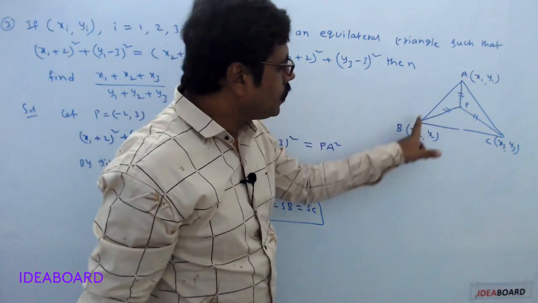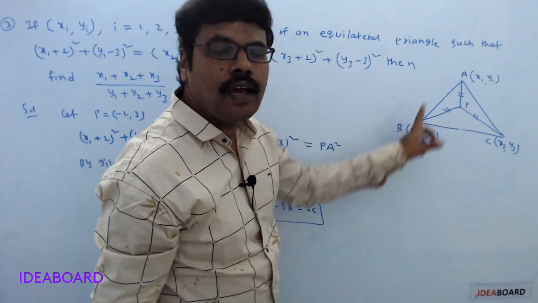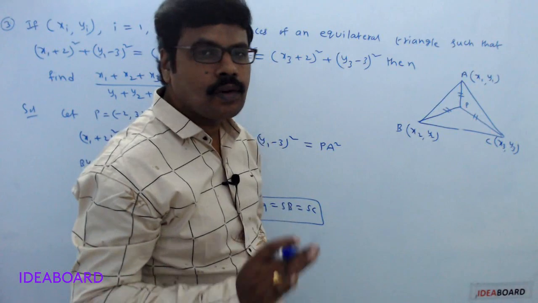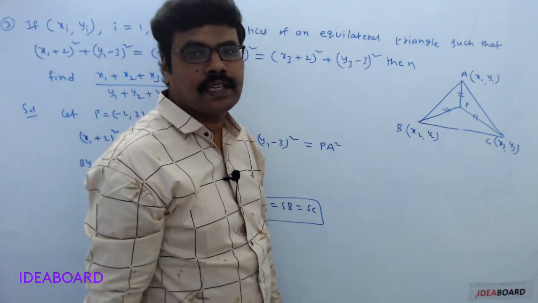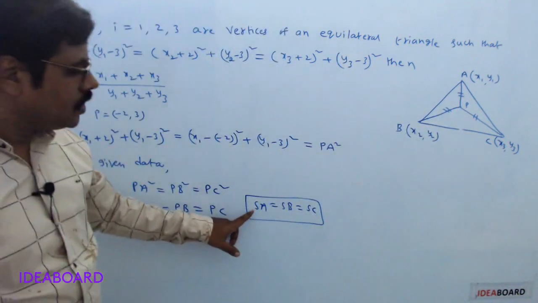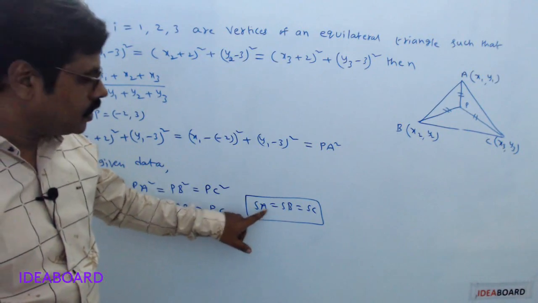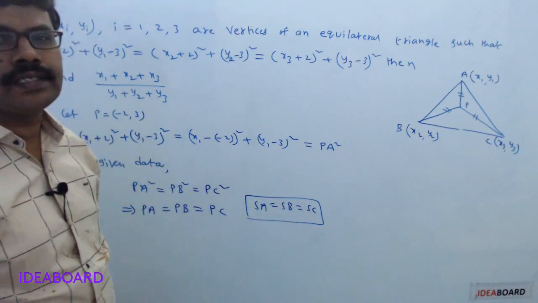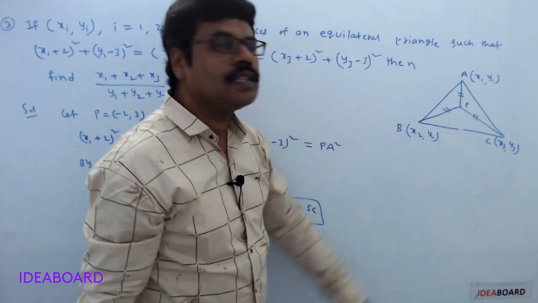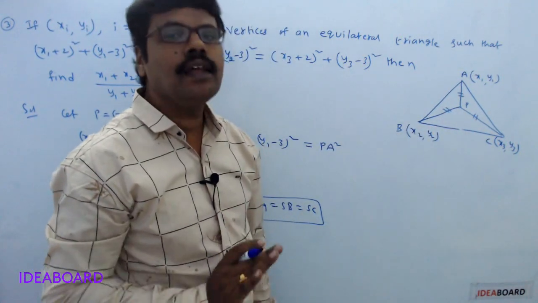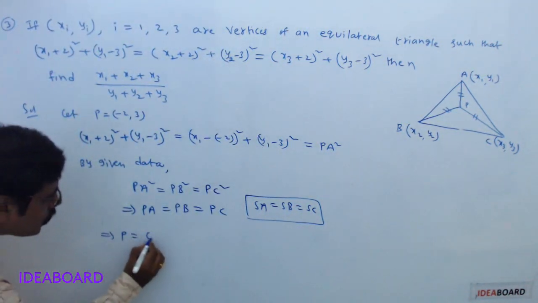So PA equal to PB equal to PC means P is equidistant from the vertices of the triangle, so P is the circumcenter of triangle ABC.